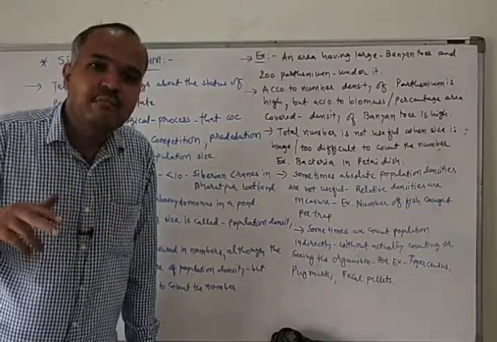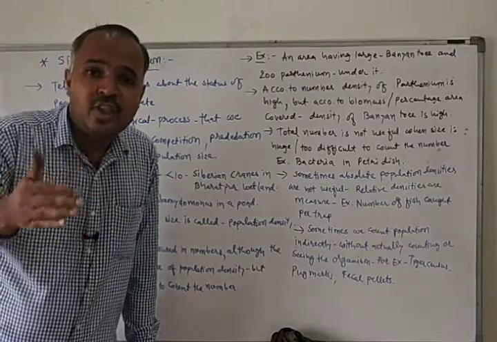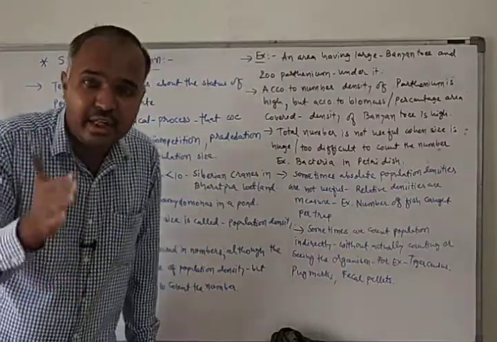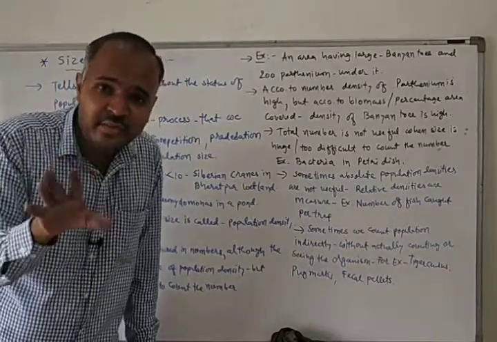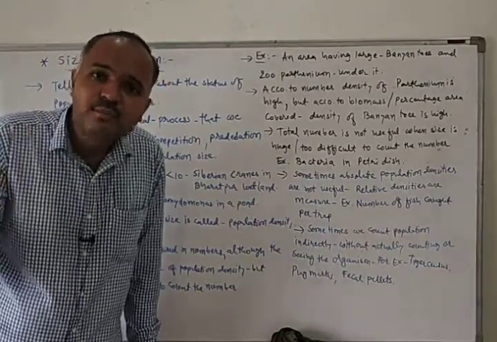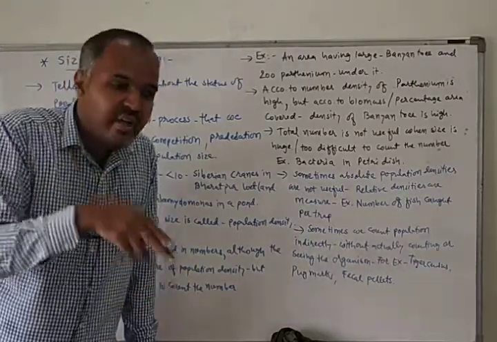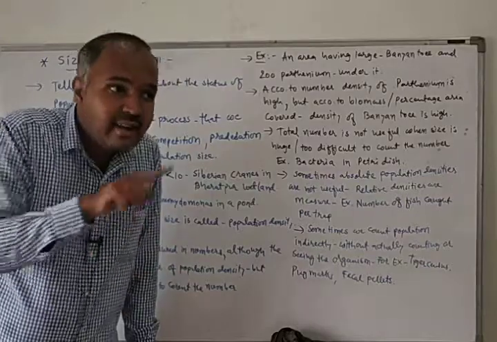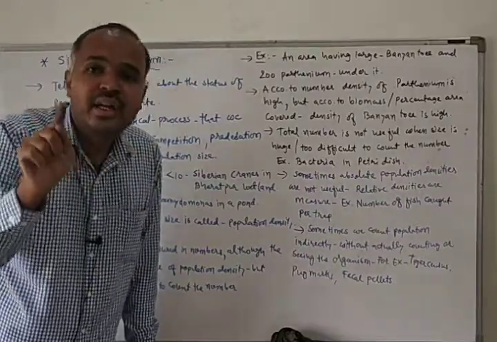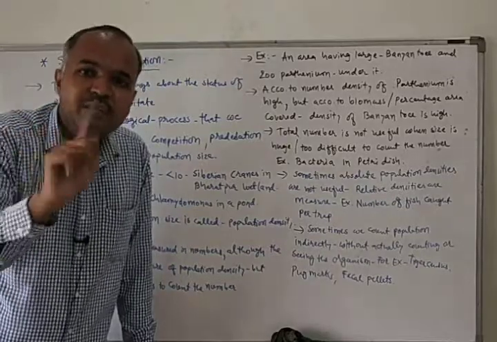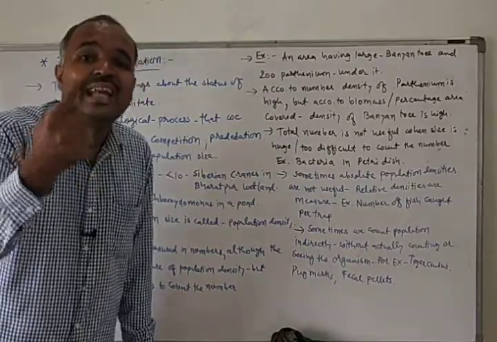Say for example, if we go to a river and want to count the number of fish in that river, can we count them? For that we would have to do scuba diving, go underwater, and count each fish. That would be too difficult a task. So we will not count the absolute density, we will count the relative density.